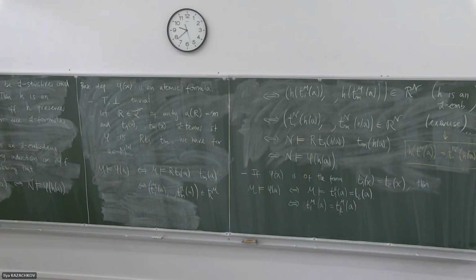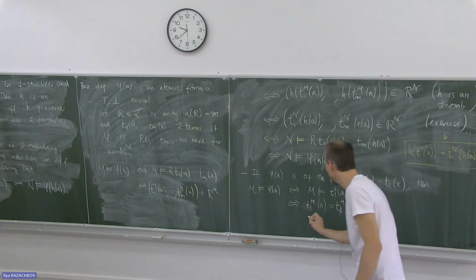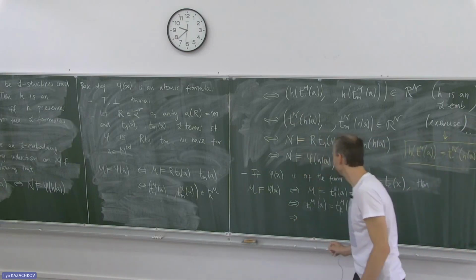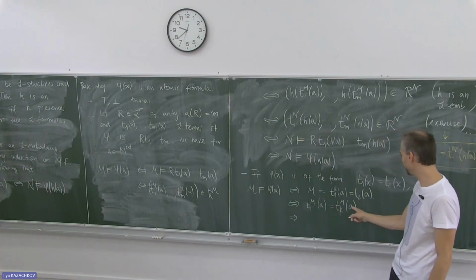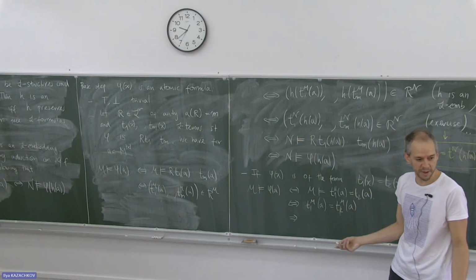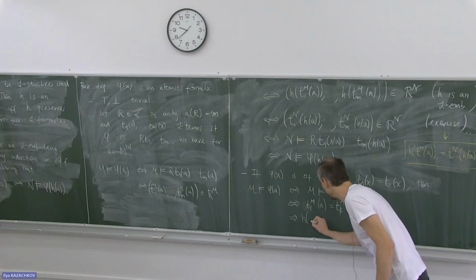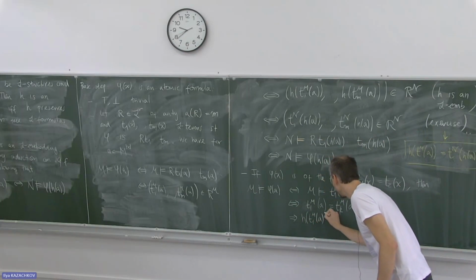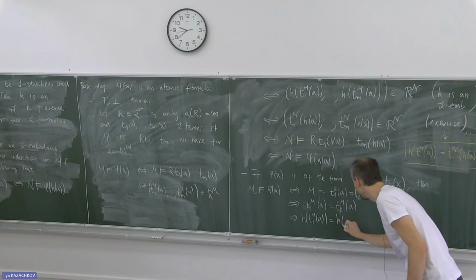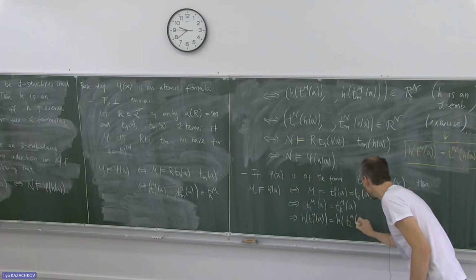Okay. Now, this direction for sure is easy, right? If I have two elements which are equal in M, their images have to be equal: H of T1 MA has to be equal to H of T2 MA.